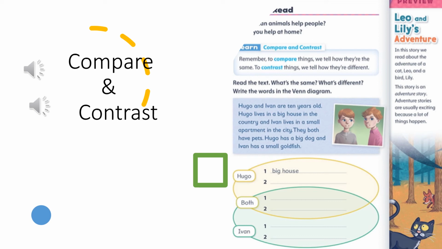So what is a Venn diagram? You need to make a diagram which shows, in the first box, what is different in Hugo, in the second box what is different in Ewan, and in the middle box what is the same in both.